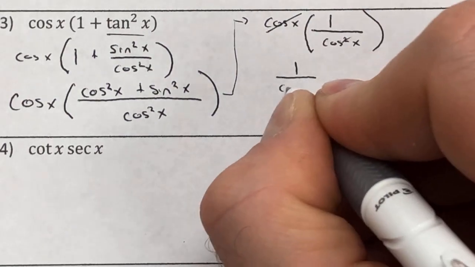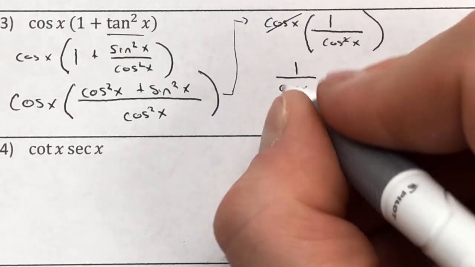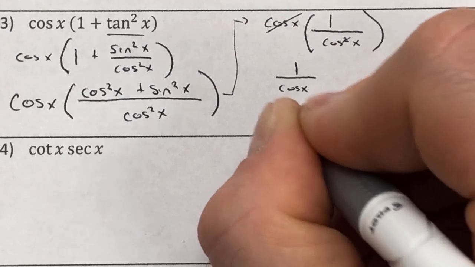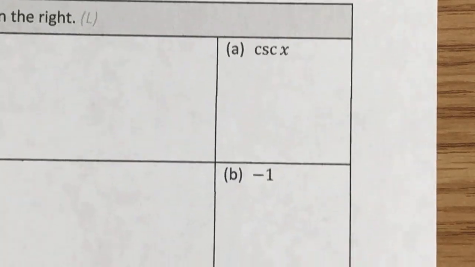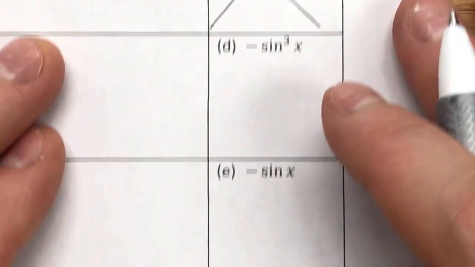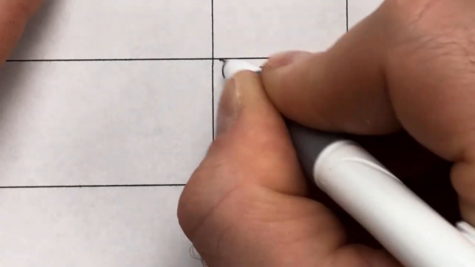So I'm left with 1 over cosine of x, which is equal to, if I need to fully reduce it, the secant of x. I rewrote that as a single trigonometric function. If I go down my list and ask where my secant of x exists, yes, I have one of my options, which is secant of x. So option F.